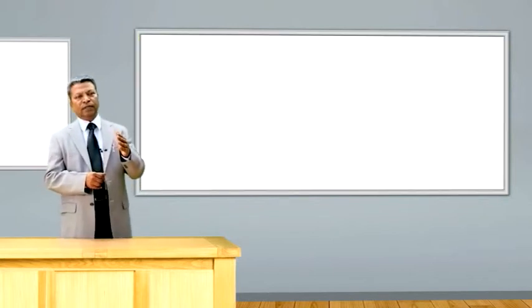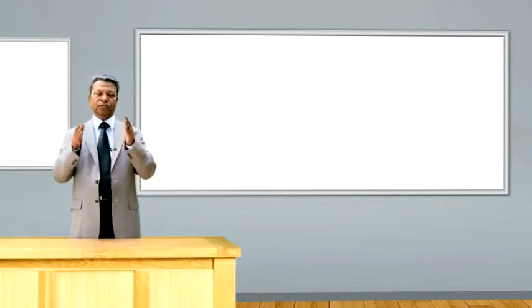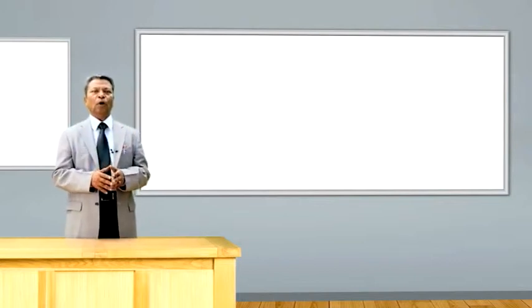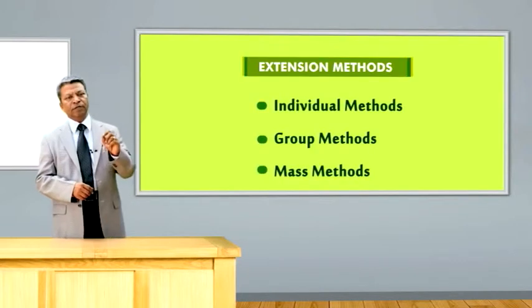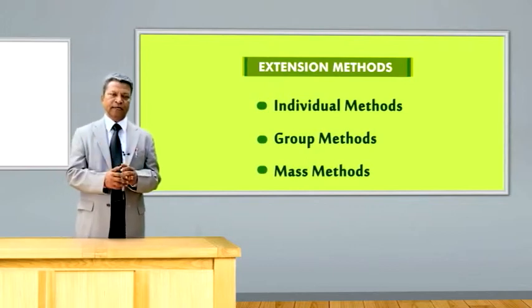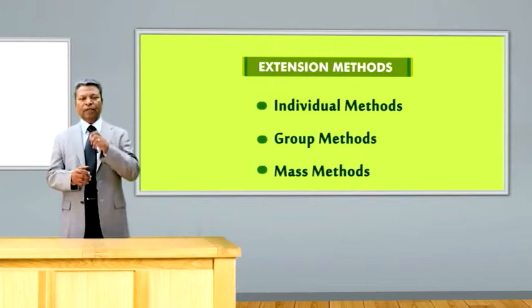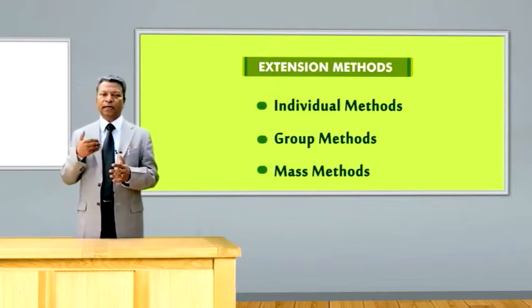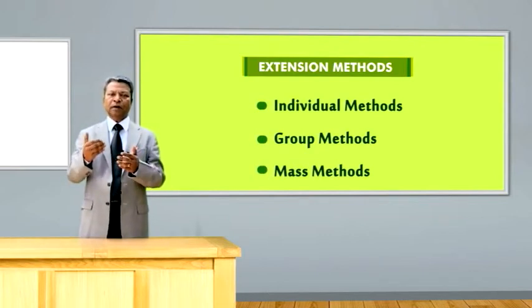Now, the adoption stages have to be supplemented by proper extension methods. There are individual methods, group methods, and mass methods. I would like to explain a little bit. The individual method is a method where I get in touch with the farmer, and there is direct contact between farmer and extension worker.